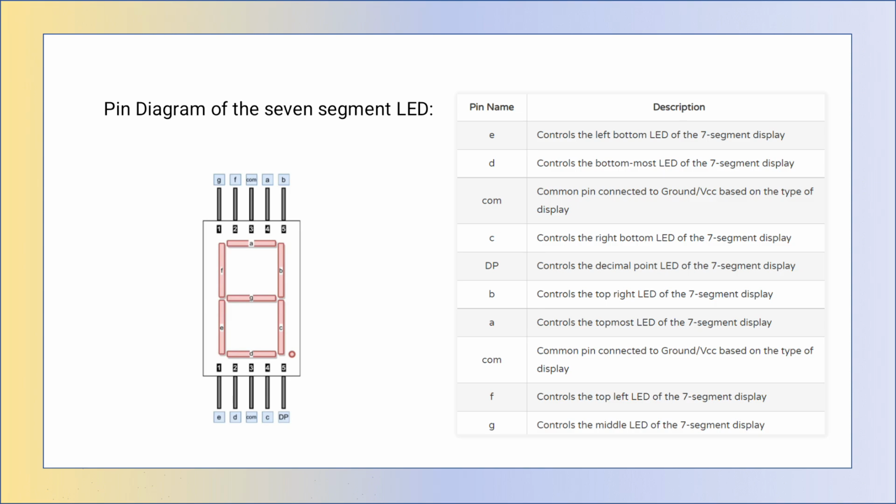Similarly for C, D, E, F. G controls the middle LED of the display. The common pin is connected to ground or supply voltage VCC, depending on the type of LED. This is a 5-volt LED display.